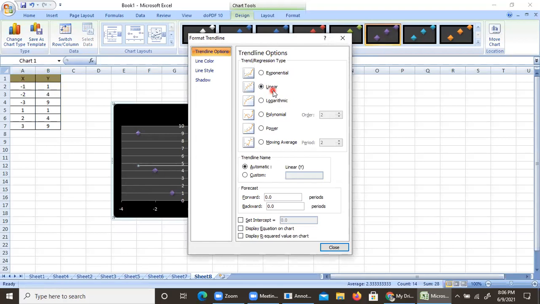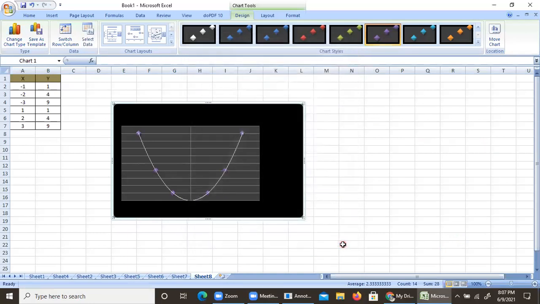So in this particular scenario, since I have already identified what sort of equation and relationship they are having between them, I am going to choose the polynomial option, and then I'm going to get this sort of curve. And you know that this curve is the y equal to x square curve.